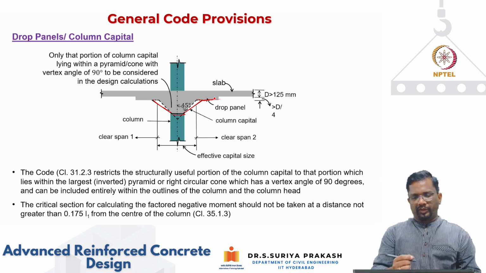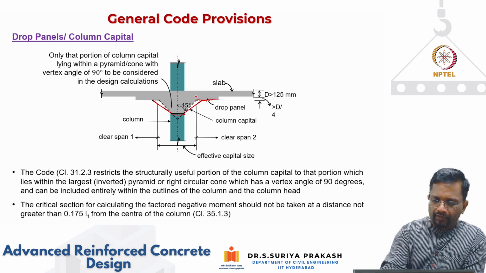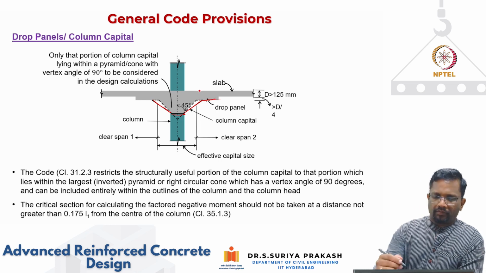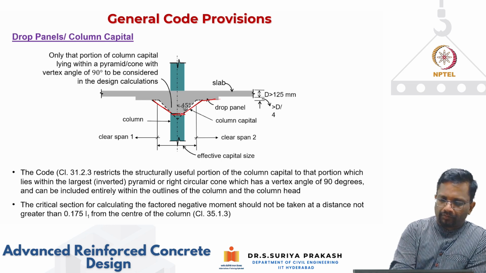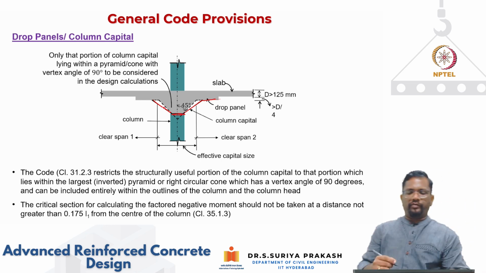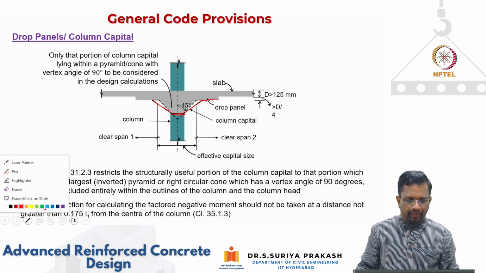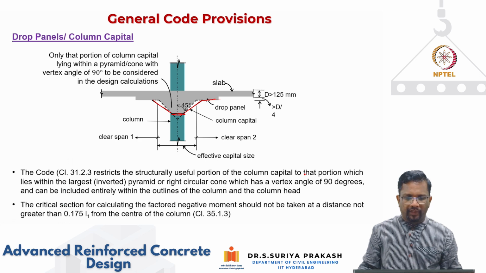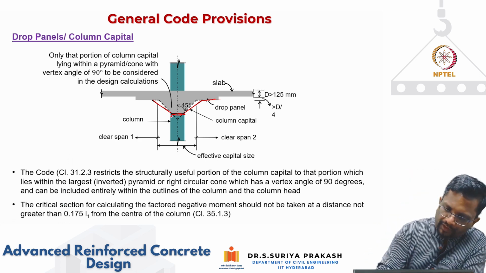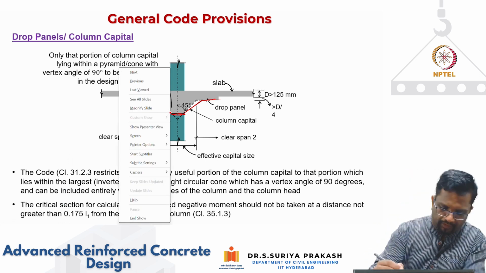So what does it mean? This red color is the actual capital that I have constructed. Now what the code is saying is, let's say you put a right circular cone. Let's say this is the edge of the column.